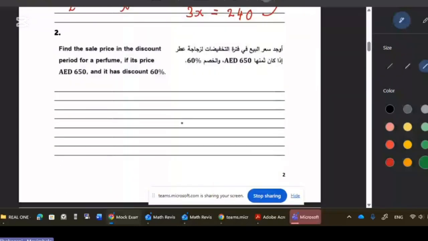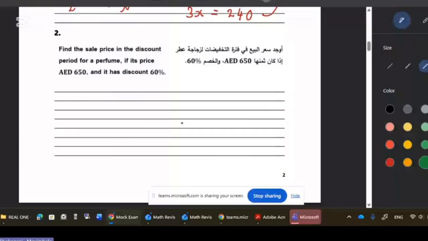Now, the next question talks about finding the sale price in the discount period for a perfume. If it's 650 AED and it has a discount of 60%. Now, again, I love my proportions when I'm working with this.